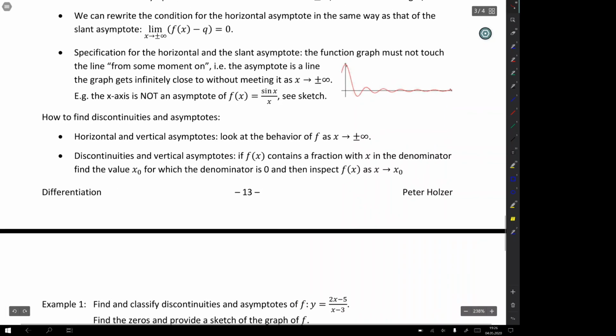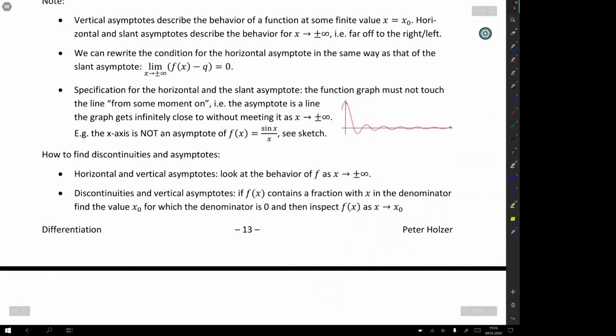The idea is for horizontal and slant asymptotes, we just look at the behavior of the function f as x goes towards plus and minus infinity. We analyze it, and in that way we can find whether there is an asymptote.